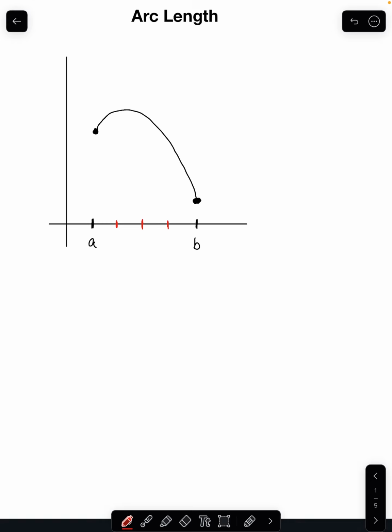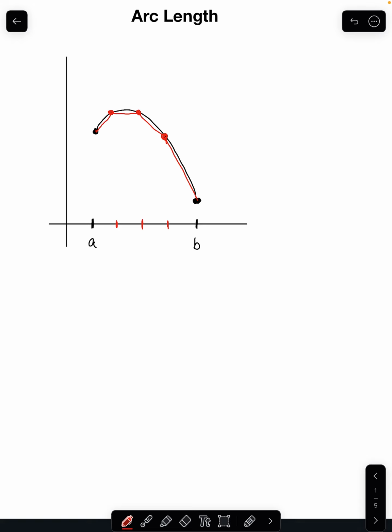and on each partition we are going to approximate the shape of a curve using a line segment. Each of these line segments roughly approximates the shape of the curve. They do not give exactly the shape of the curve.